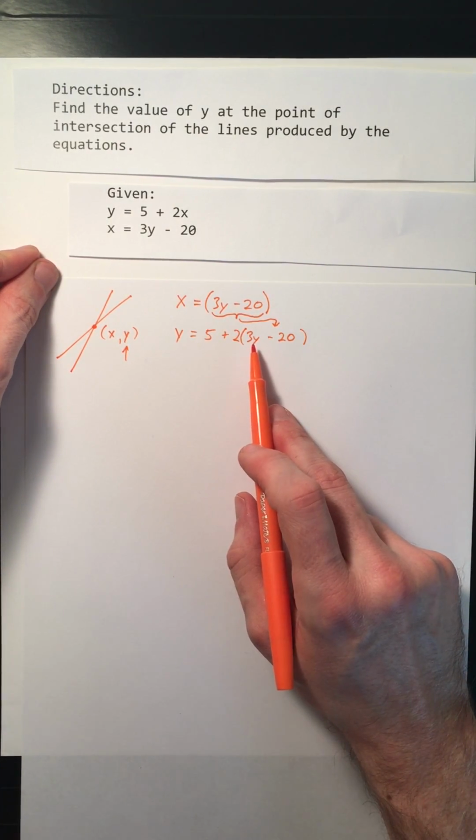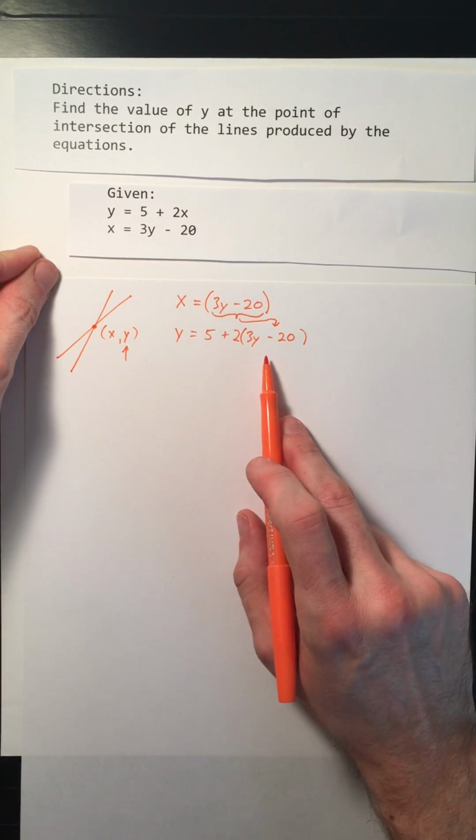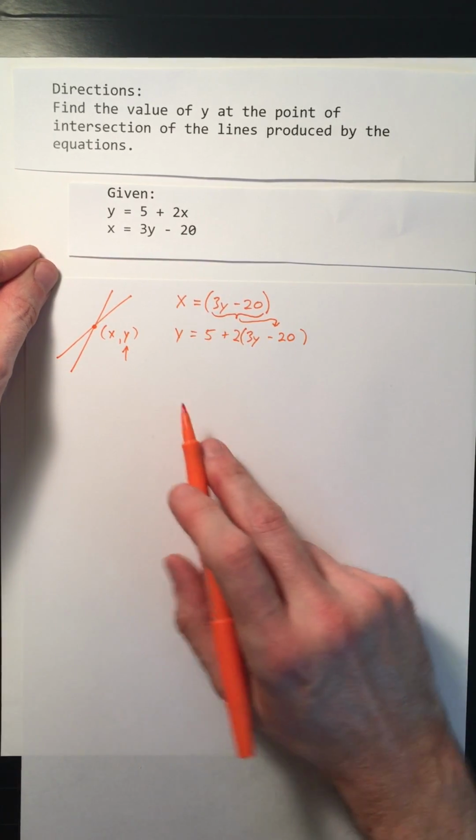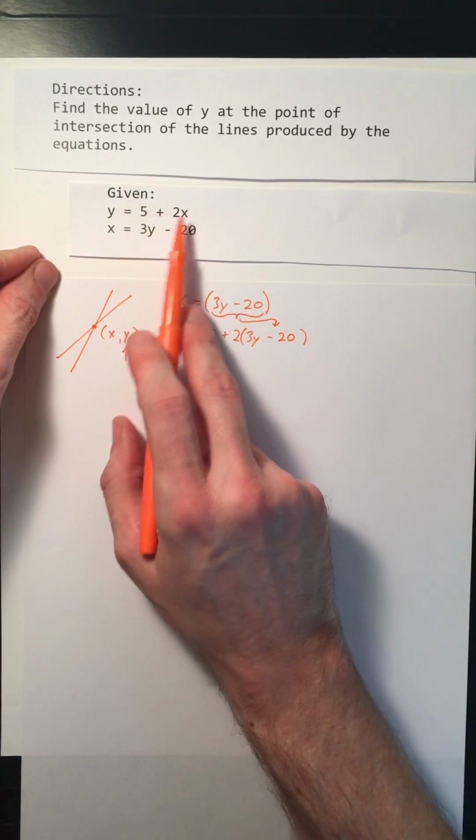So why did I take this stuff and substitute it for x? Why didn't I take the other stuff and substitute it in for y?